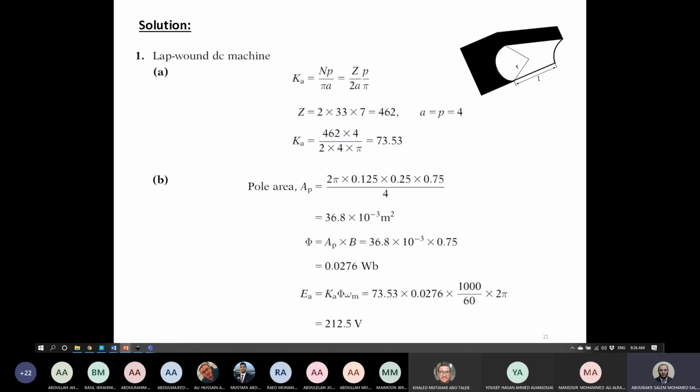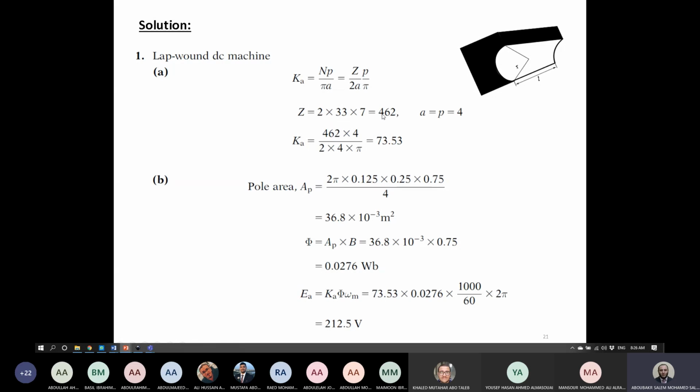We know, guys, from lap winding, the relation Ka equals NP divided by A. This is the relation of Ka we already proved in the EMF derivation in the last class. So N equals Z over 2, so Z over 2 multiplied by the number of poles over A. We calculated the number of conductors as Z equals 2 multiplied by 33 by 7.